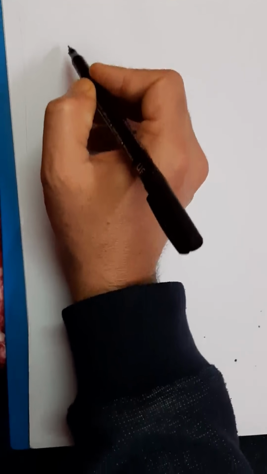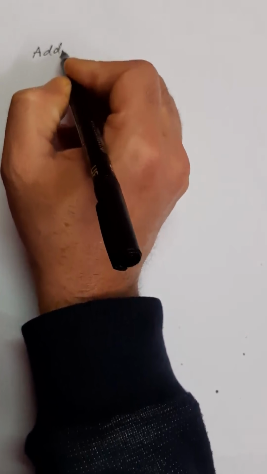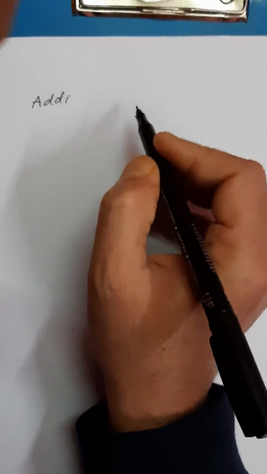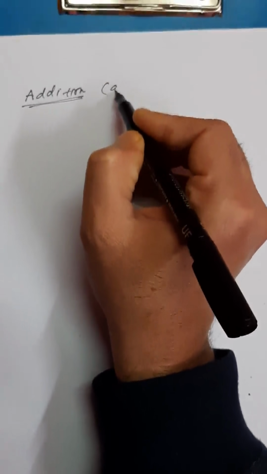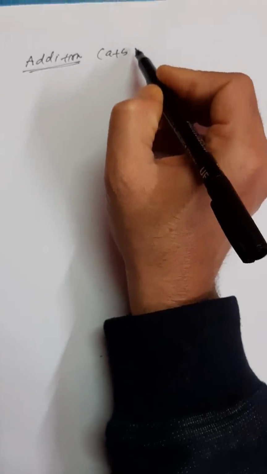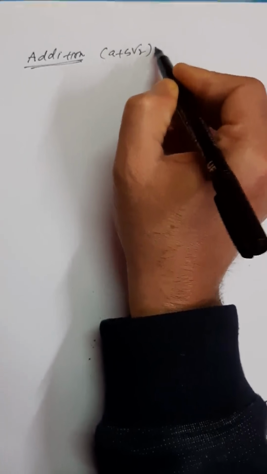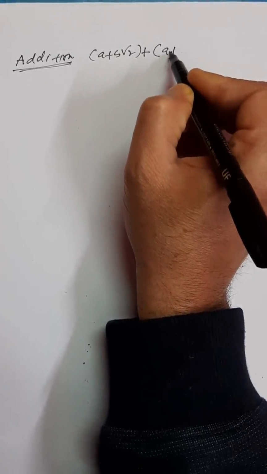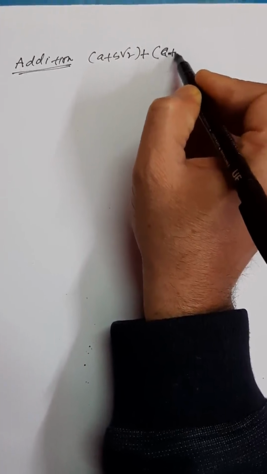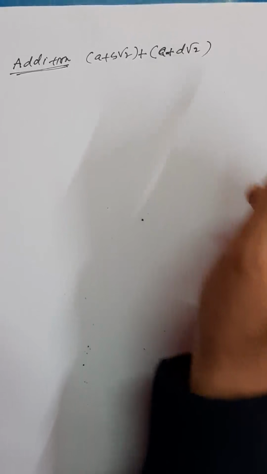So addition in Q(√2), or in this field, is just addition. Suppose I want to add two elements, a + b√2 and c + d√2.